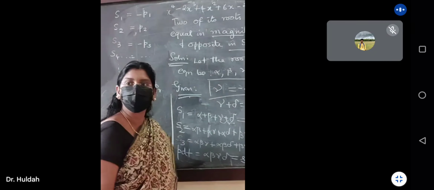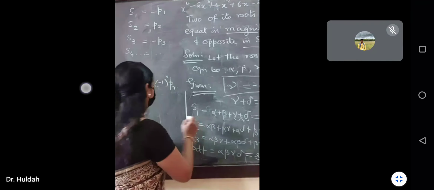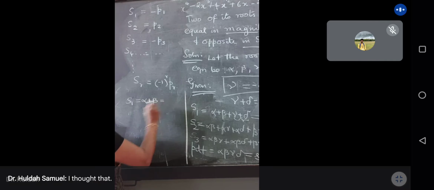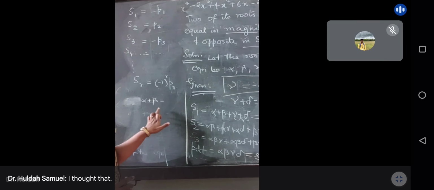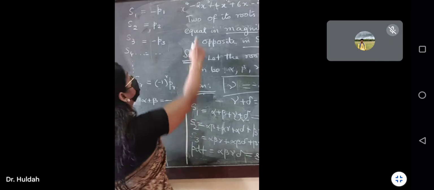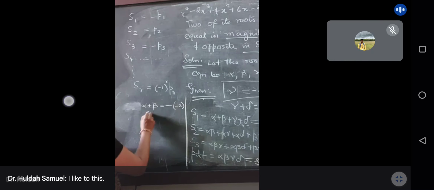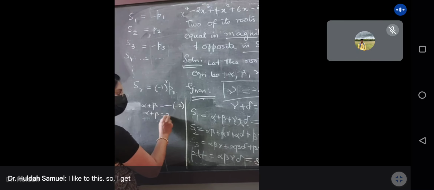Can I substitute this as equal to 0? So I'll be getting S1, alpha plus beta plus gamma plus delta, equal to, or I can even remove this S1, I don't need to keep this. Alpha plus beta plus gamma plus delta equal to minus P, which is minus minus 2. Alright, students? So I get alpha plus beta equal to 2.